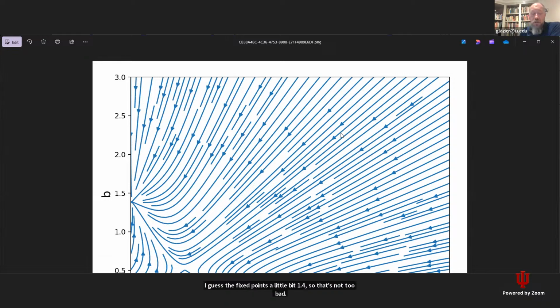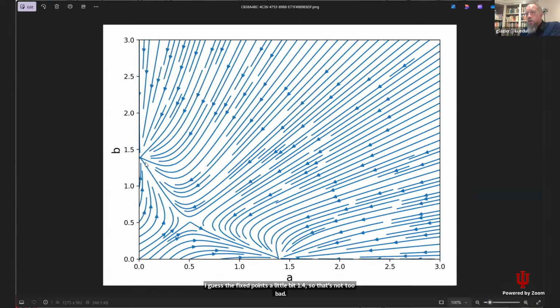So this is pretty much what we expect. So you have two stable fixed points, A equals 0 and B equals 1.4, and A equals 1.4 and B equals 0, and an unstable fixed point at 0.5 comma 0.5.